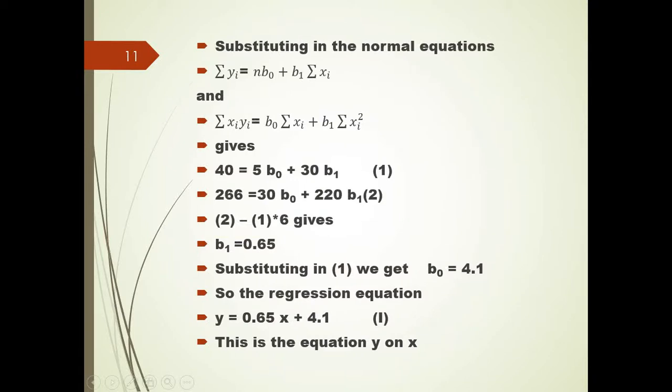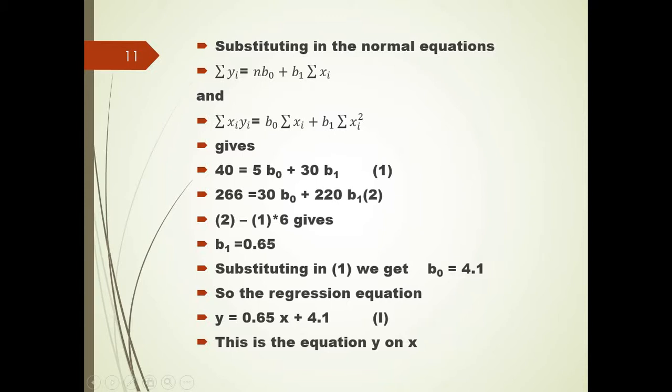We get b1 equal to 0.65, and substituting in the first equation, 5 b naught equal to 40 minus 30 into b1, or 30 into 0.65, which gives b naught equal to 4.